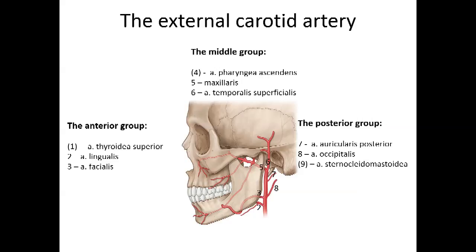Because it isn't seen in this picture, because musculus sternocleidomastoideus isn't seen, it was removed, and that's why the artery also isn't demonstrated. So you can see, very convenient for remembering, 9 branches of external carotid artery, and 3 in anterior group, 3 in middle group, and 3 in posterior group.